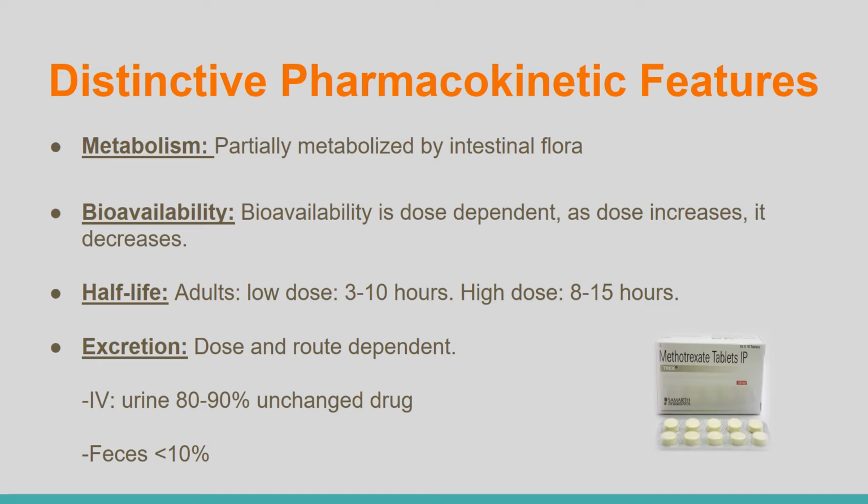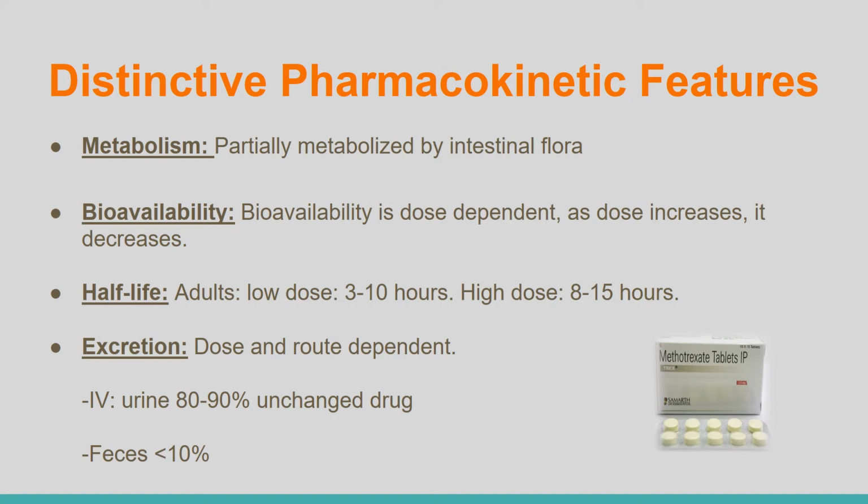Methotrexate is partially metabolized by intestinal flora after oral administration. It is also converted to 7-hydroxymethotrexate, which is a polyglutamate, and it is as potent as methotrexate itself. Bioavailability is dose dependent and it decreases as the dose is increased.